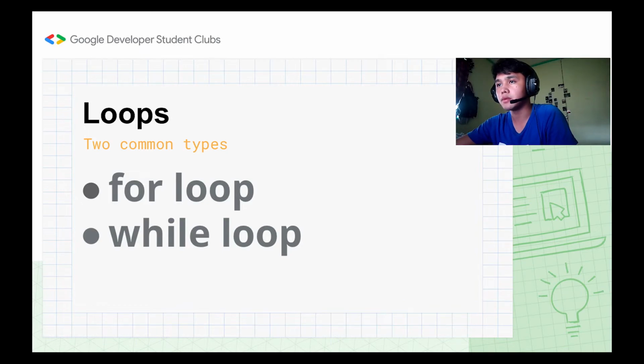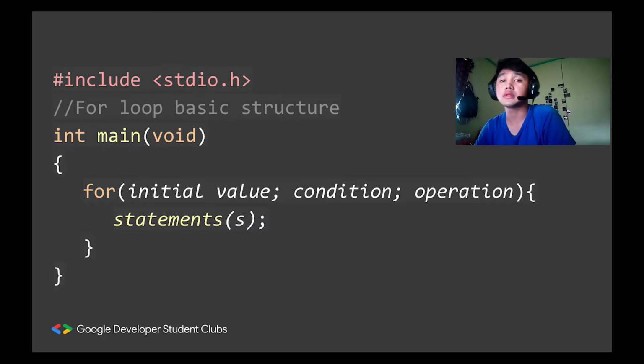And with that out of the way, we can now first take a quick close look at the for loop given the example here. So as you can see here, sa pag-implement nato og for loop sa C, you need to type the keyword for, followed by the parenthesis. Then sa sulod ani niya is ang three expressions na dapat nato i-specify: the initial value, condition, and the operation. And each of these sections is separated by a semicolon.